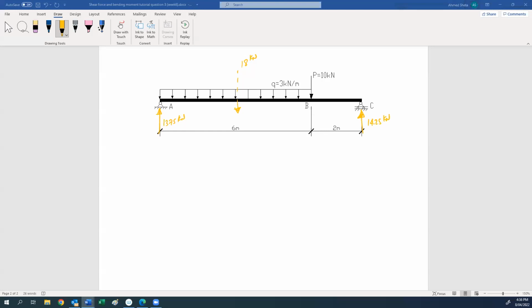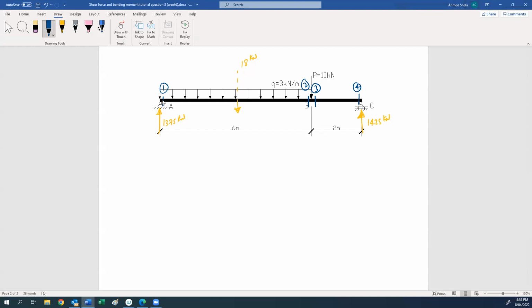Okay, I will do it with you. So for this one, we have the same problem, but only the uniform load is not existing between B and C. So for this beam, how many cuts do we need? We need a cut at A, so this is cut 1, before and after B, the point load, so cut 2 and cut 3, and a cut at C, which is 4.